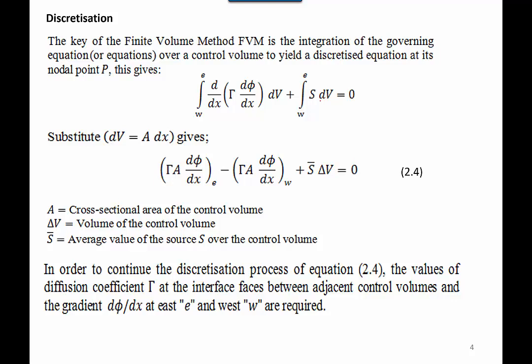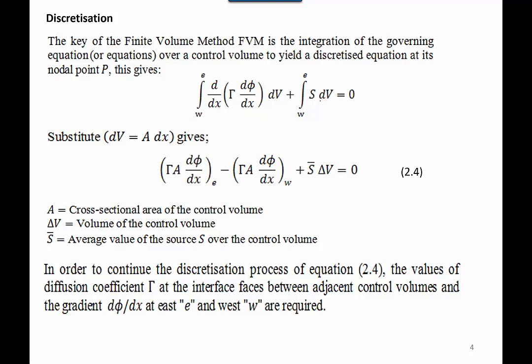So A represents the cross-sectional area of the control volume, delta V is the volume of the control volume, and the average value of the source term S is represented by the letter S bar.